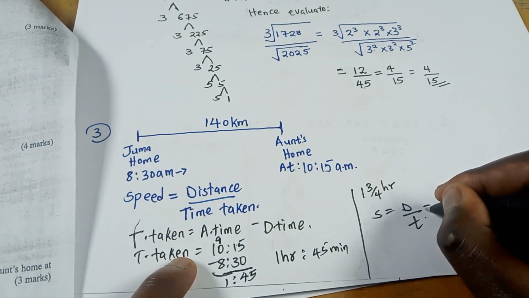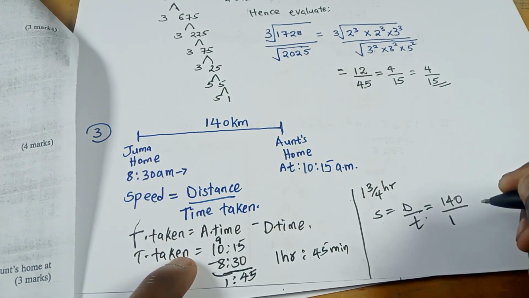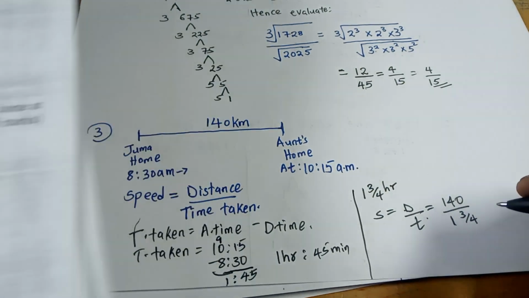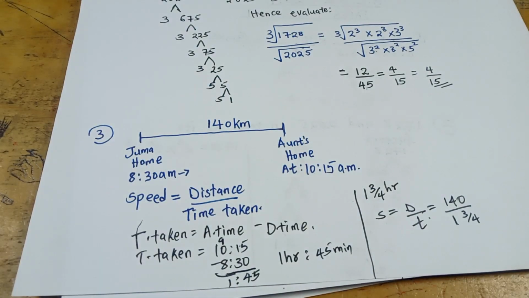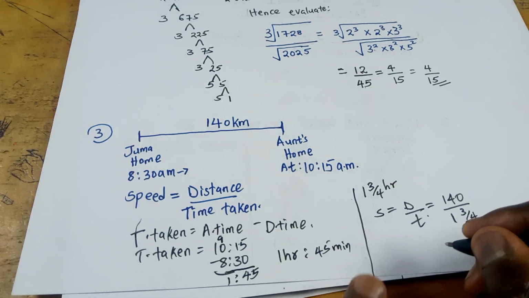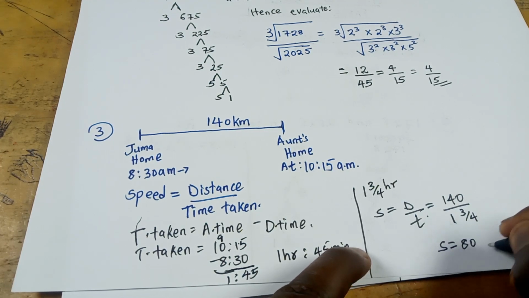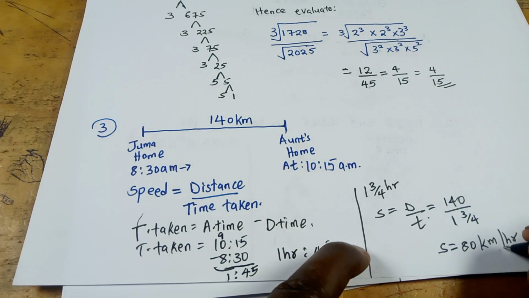Since we have our distance as 140 and our time taken is 1.75 of an hour, and our question is asking to determine the average speed, when we work that out, it's 140 divided by 1.75 of an hour. We are going to get our speed as 80 kilometers per hour.